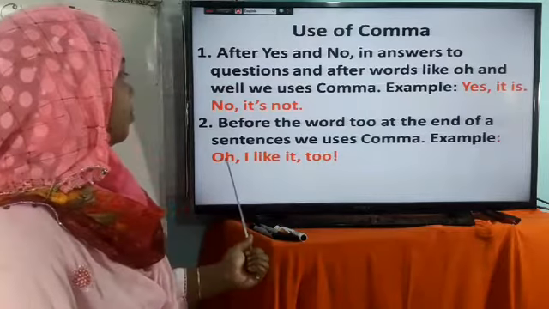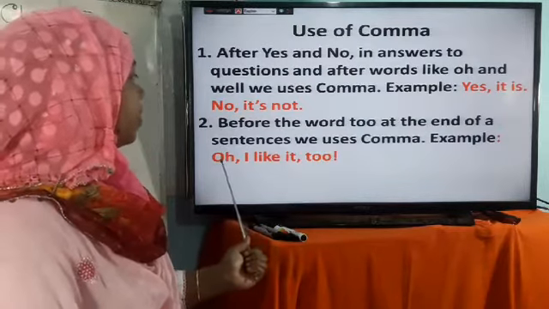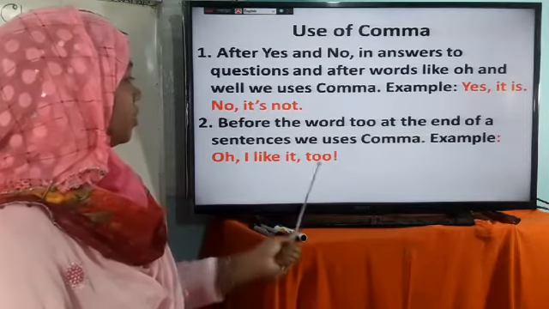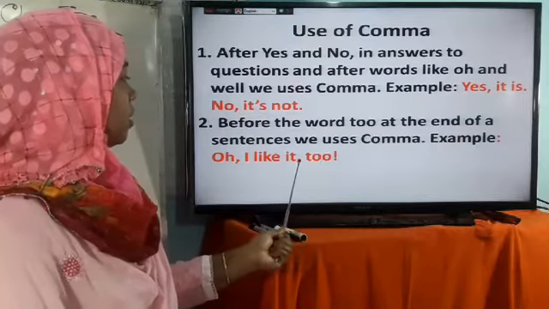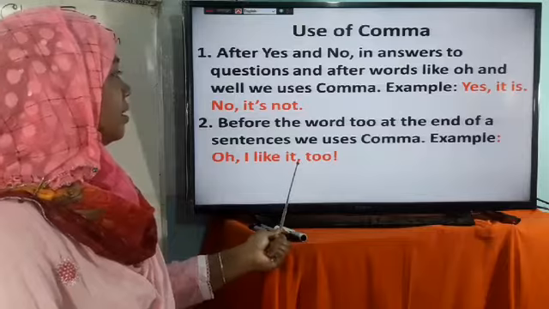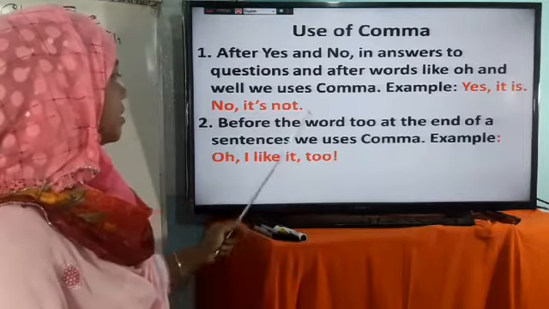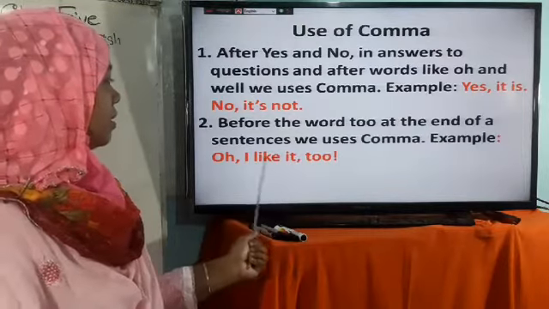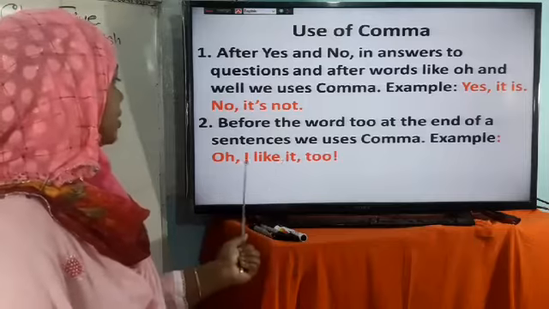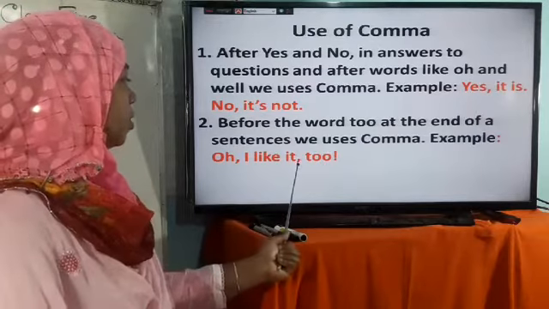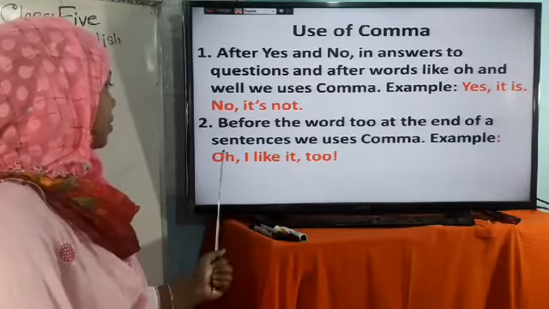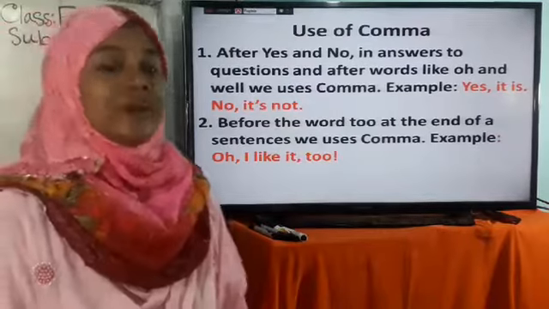So after the word oh, we have used a comma, and in this sentence, after I like it, here is also a comma.